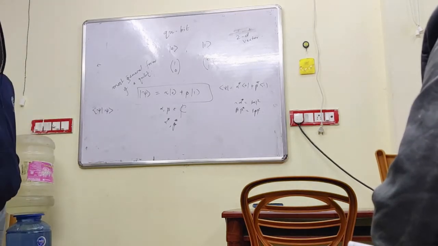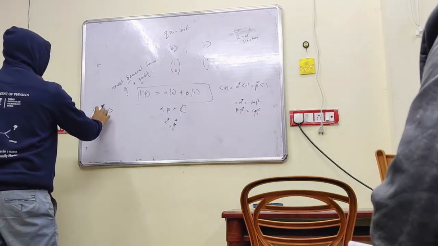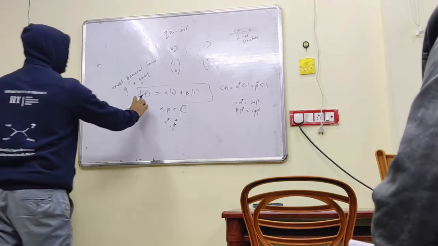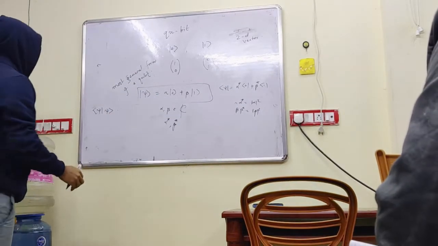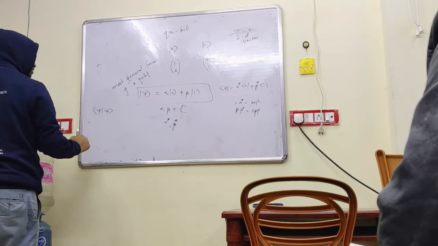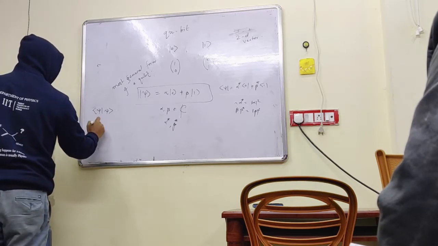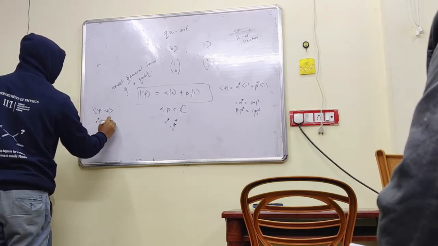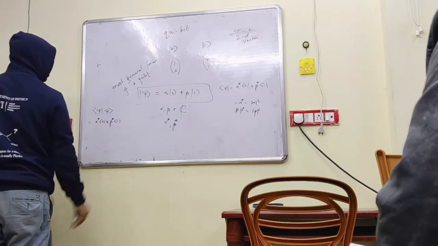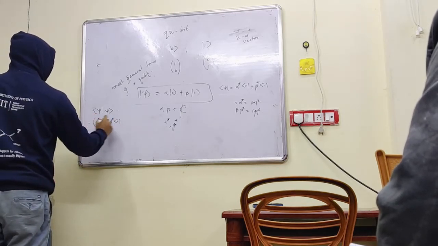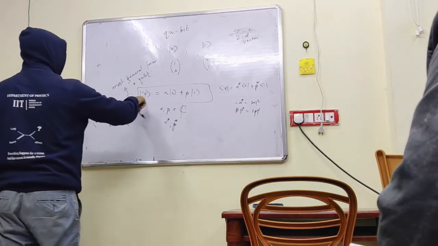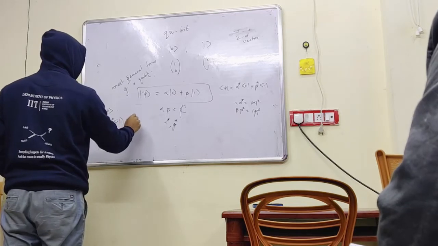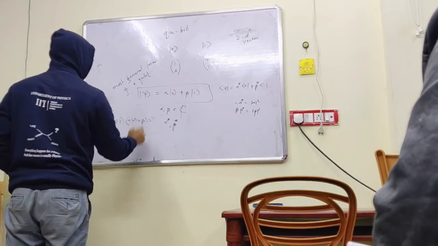Now, what happens if I take this? Let's just try to figure out. We know this thing, and then we know this thing. Then, how do we calculate this? This thing is alpha star 0 plus beta star 1, with alpha 0 plus beta 1.